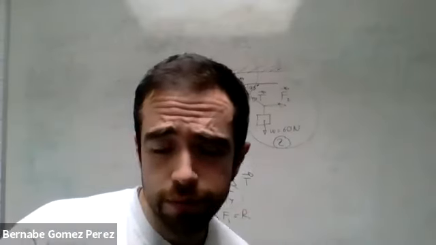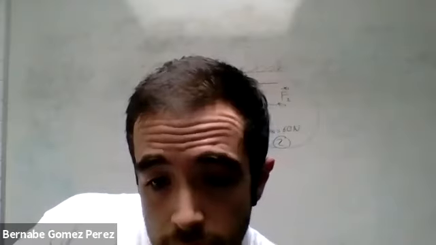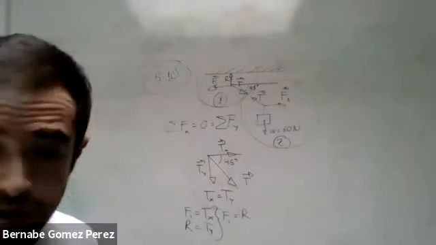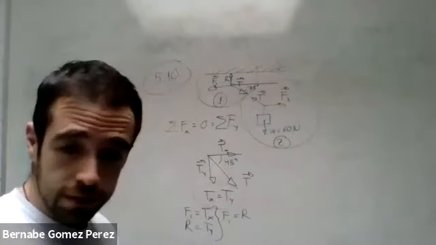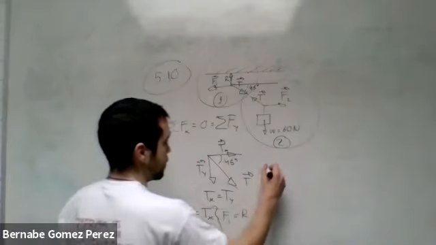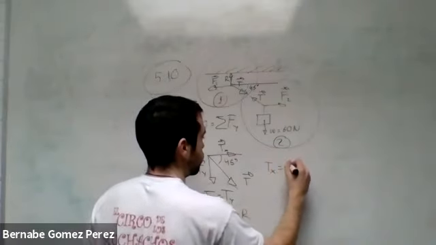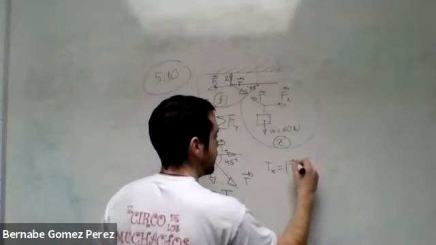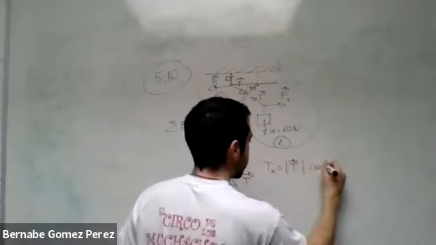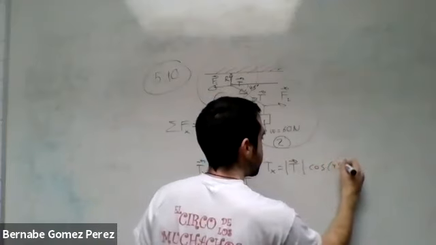Do you have any question? Exactly. Wonderful. That's a very good observation, actually. Why are they equal? Well, 45 degrees. So I know that Tx is equal to the absolute value of T multiplying the cosine of 45.